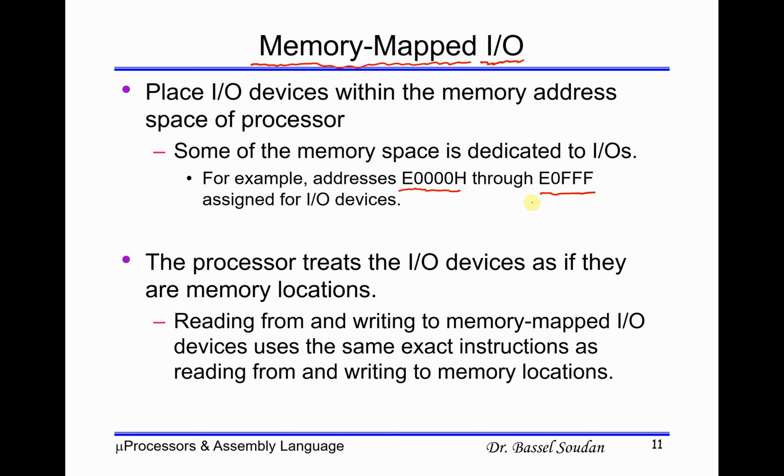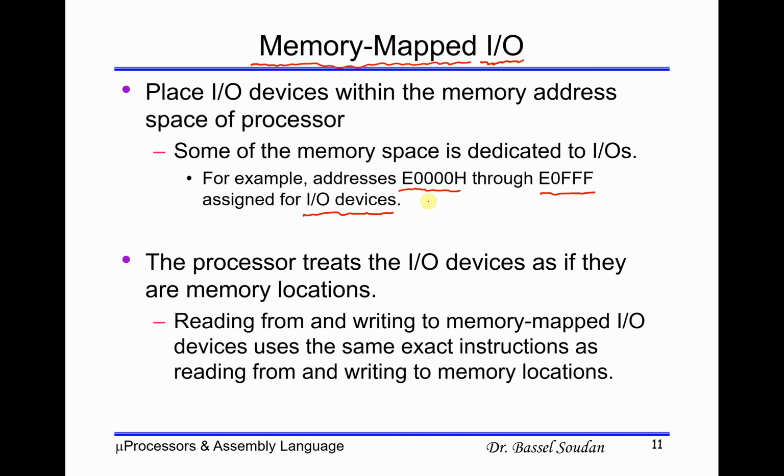Through this range, if the microprocessor utilizes addresses, for instance, from E0000 till E0FFFF, and this range is reserved for the input output, that means any instruction that specifies a physical address within that range is not accessing the main memory, it is actually accessing the input output devices.